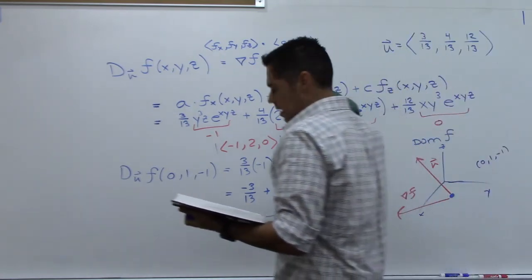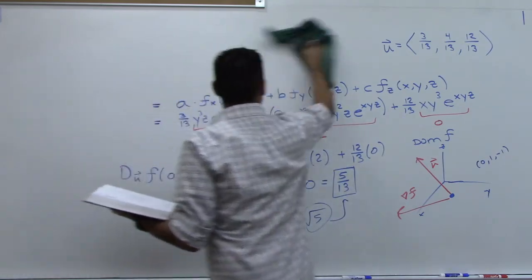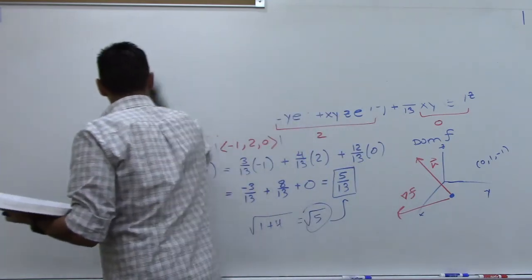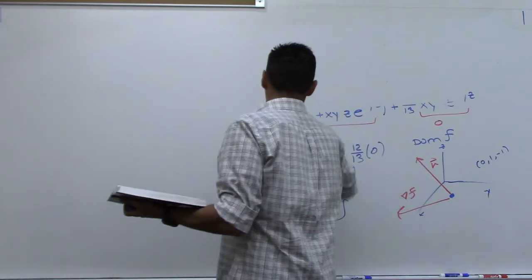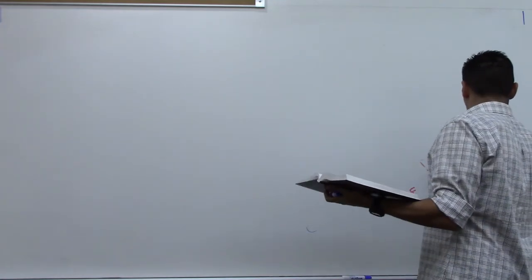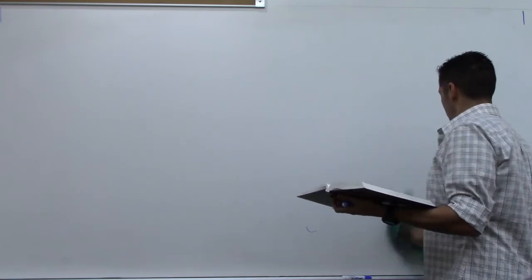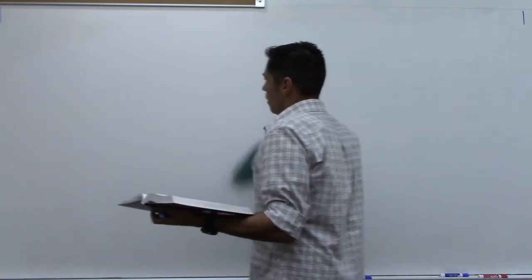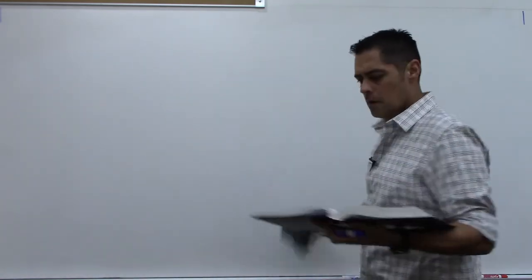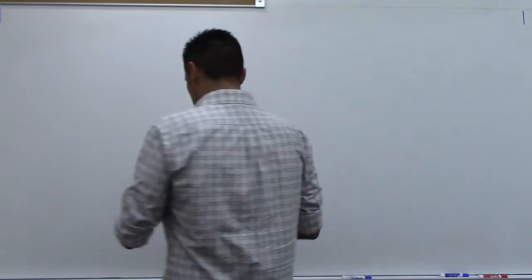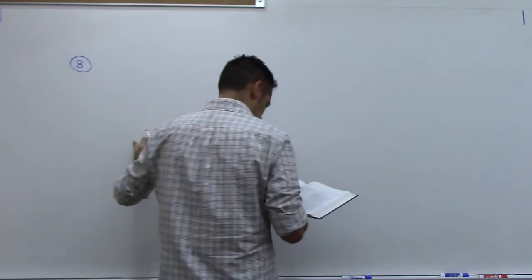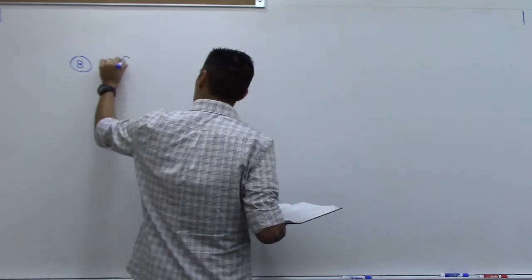Okay, let's do number 8. So for number 8, we have a function of 2 variables.